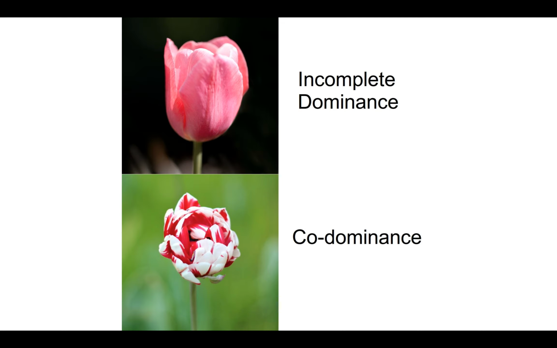So the only way that you know if something is incomplete dominance or codominant is if I tell you, or if the problem tells you. There's no other way. You can't distinguish between incomplete and codominance unless you are told by the prompt that it's incomplete dominant or it's codominant, because their genotypes look exactly the same. So that's pretty much it for those two.